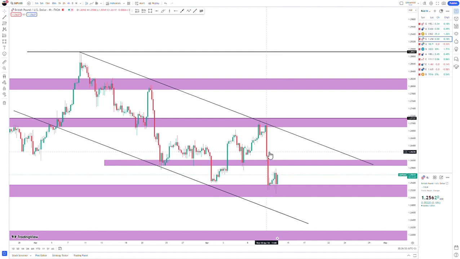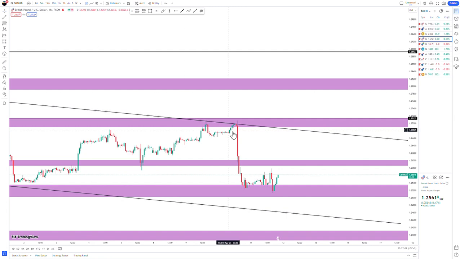That was yesterday, CPI. And it's moving similar to AUD USD if you can check this movement. It's very similar to the AUD USD movement.